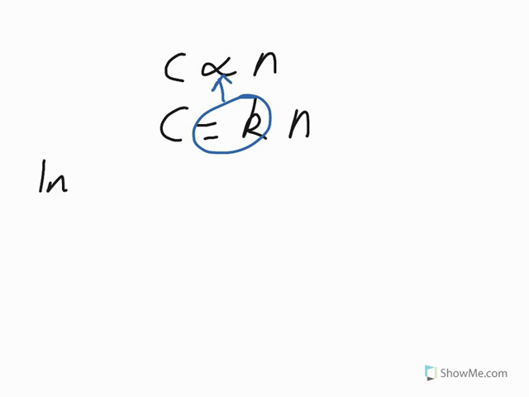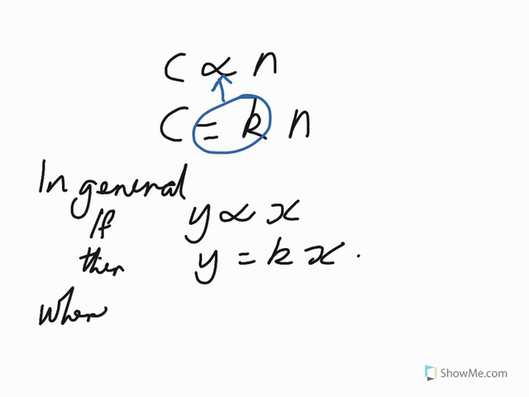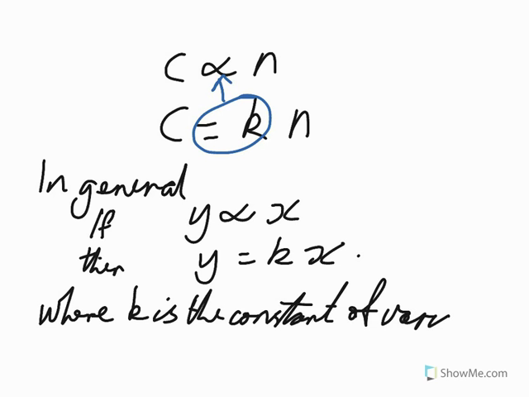So therefore, in general, if Y is proportional to X, then Y equals Kx, where K is the constant of variation, and also K is an element of the real numbers.